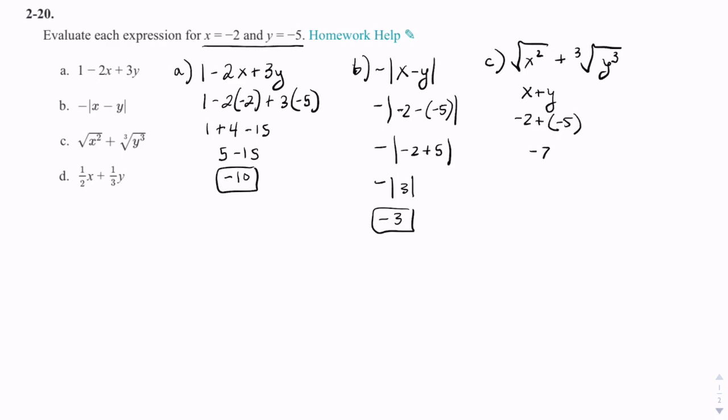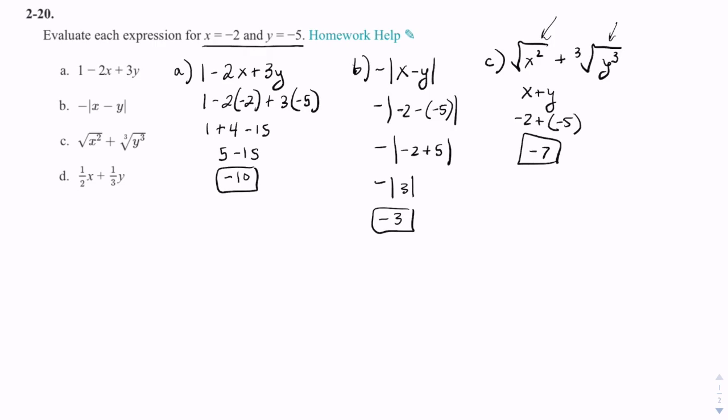That's just negative 7. Now, the problem with doing this, I wanted to do this way just to show you. The problem with doing this, when we simplify the cubed root of y cubed and the square root of x squared, we have to be careful because these symbols, the square root symbol and the cube root symbol, they actually mean the principal square root.